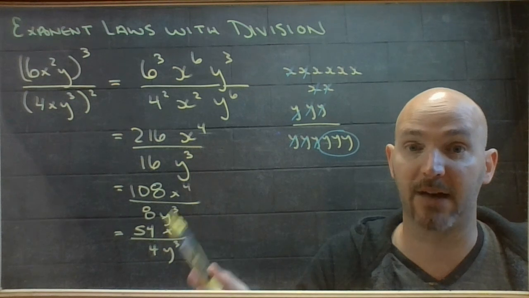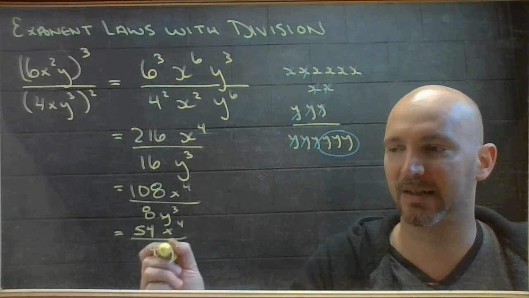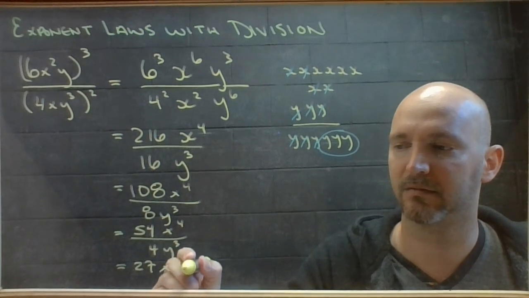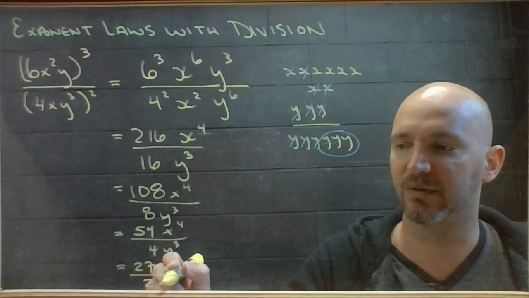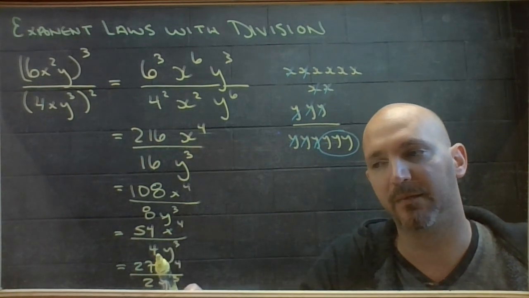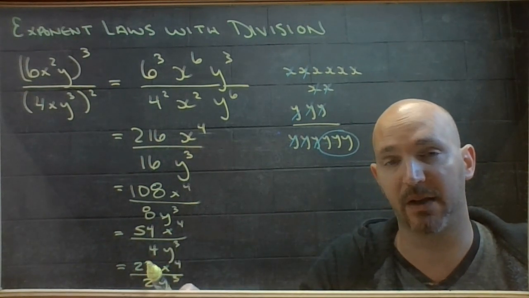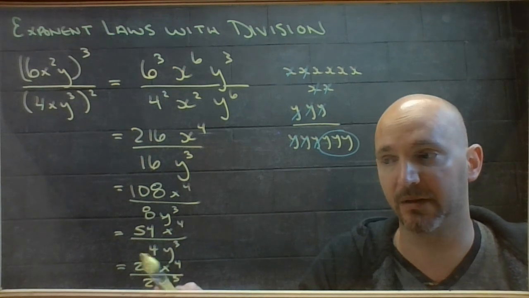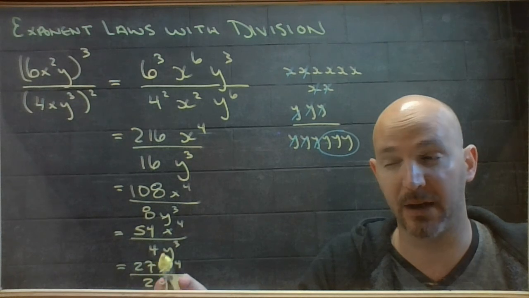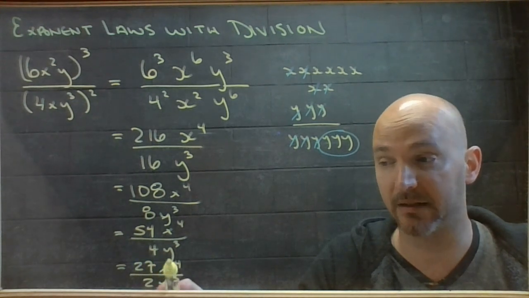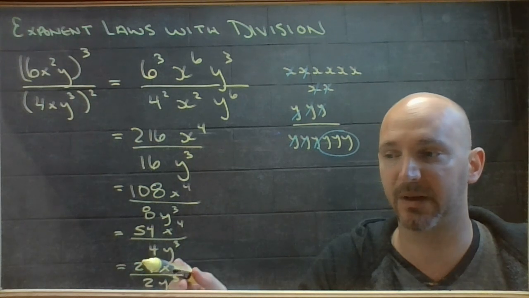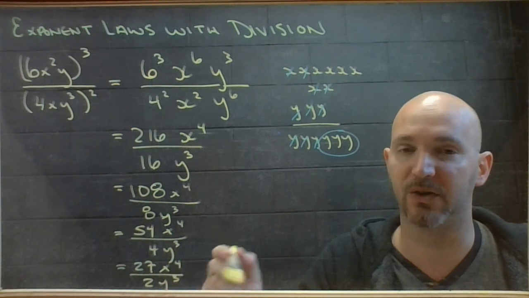Now those cut in half again, 27. Half of that is 2. This number doesn't divide evenly by 2. It's not an even number. 27 divides by 3, divides by 9. It doesn't divide by this, so this fraction is as reduced as it can get. 27x to the 4 over 2y cubed.